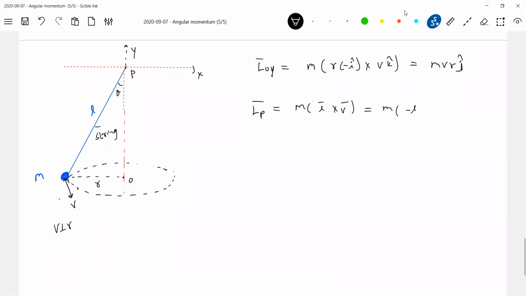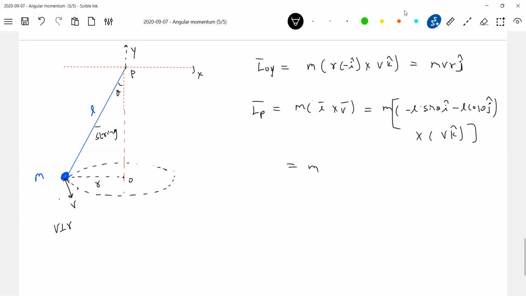L bar we define as minus L sine theta i cap minus L cos theta j cap, cross V k cap. I cross k, k cross i cross k will be minus j, no?